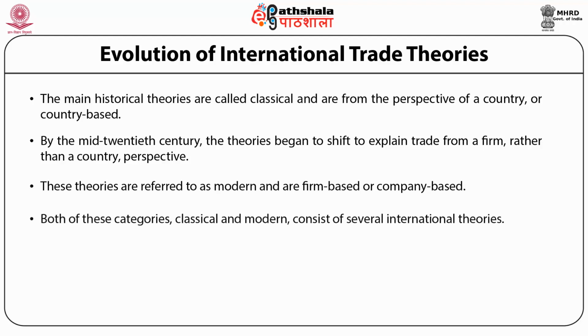Both of these categories, classical and modern, consist of several international theories. Let us discuss both. Here in this module, we are giving a brief overview of the theories, which are discussed in detail in other modules.